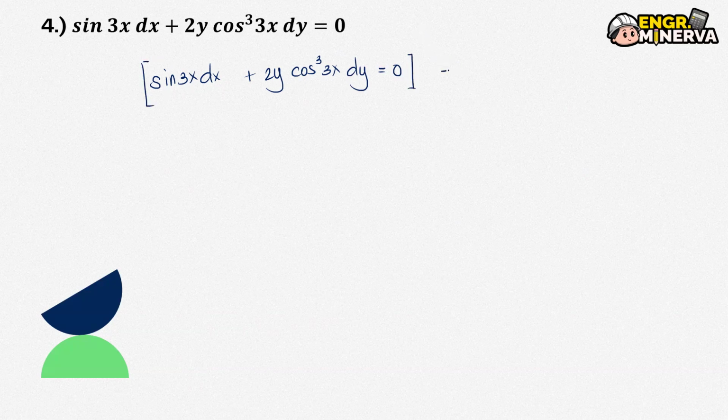Since we are solving variable separable problems, we need to make sure that our dx and dy have coefficients of x or y only, depending on their variables. Since for dy here we have cosine cube 3x, we will divide that on the whole equation. And our result would be sine 3x dx over cosine cube 3x plus 2y dy equals 0.